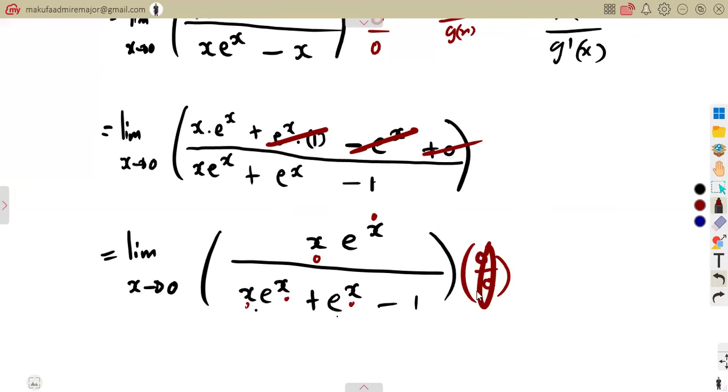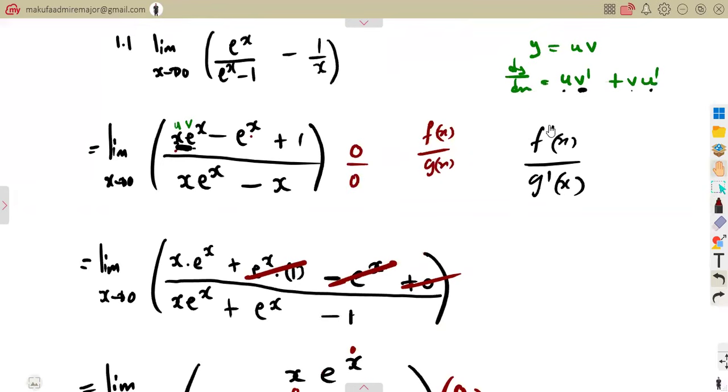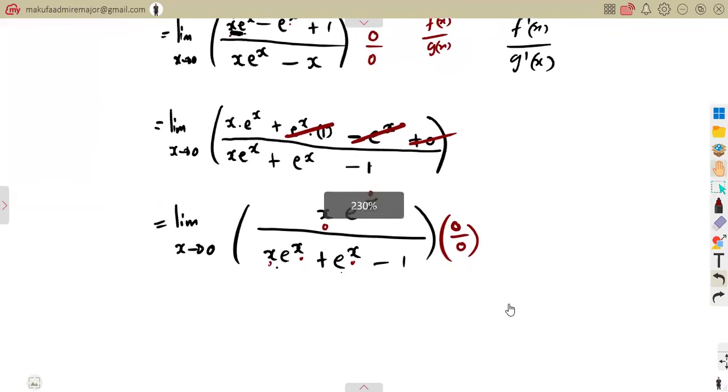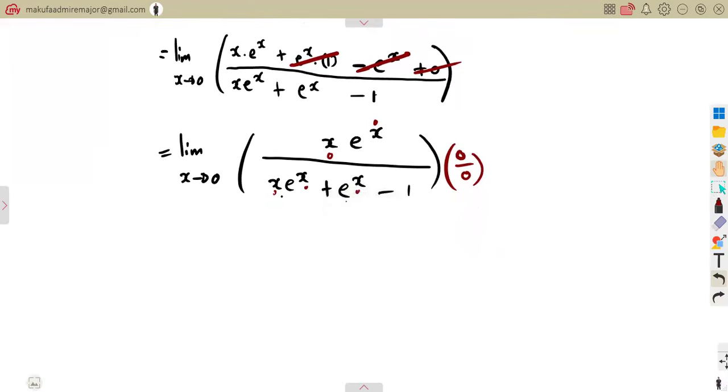And we know that once this happens, just like previously, we apply the derivative of the numerator over the derivative of the denominator. So in this case, we're going to repeat the derivative. That means the limit as x approaches 0 of, so here it's not a matter of fact because already this derivative is there.